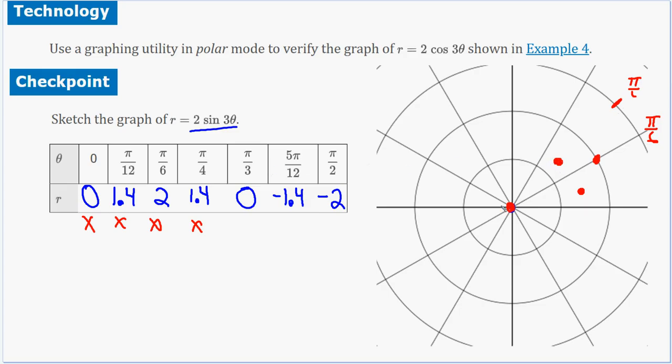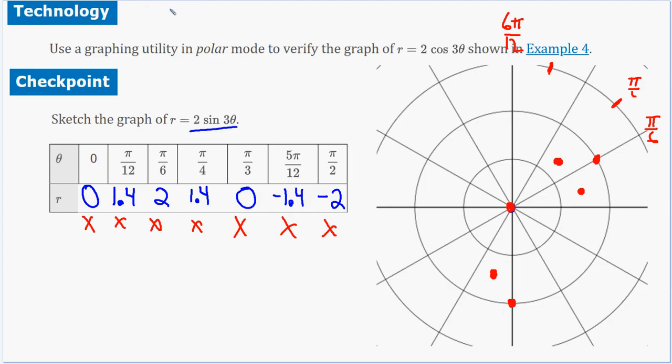And then at pi over 3, we're back to 0. 5 pi over 12, again, 6 pi over 12 is a half pi, so we're looking at right about here in the middle. That's negative 1.4, so that's going to send us across the origin about to here. And then pi over 2 at negative 2. Pi over 2 is straight up, so negative 2, we're down here.